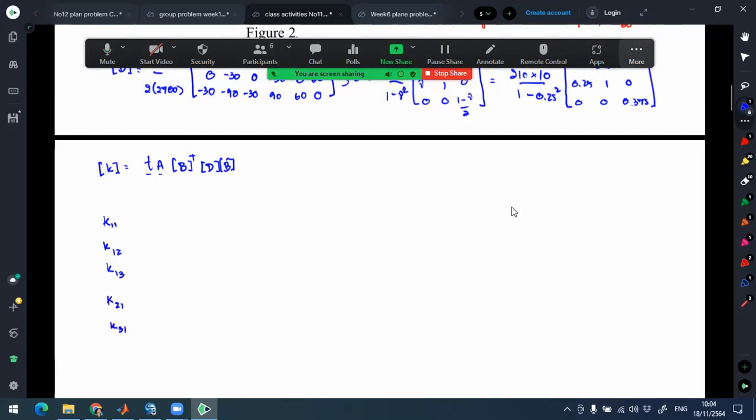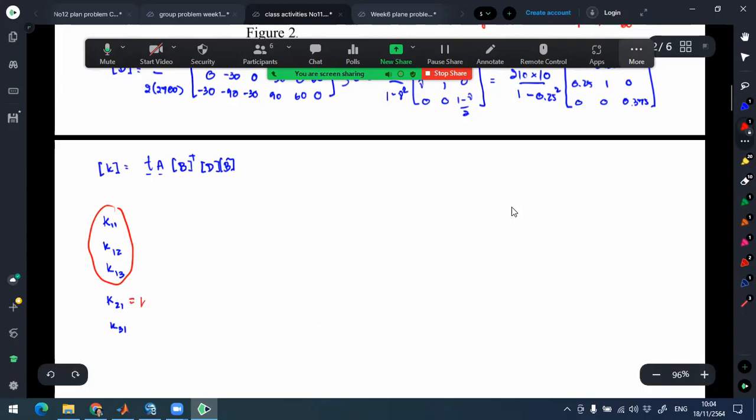Actually they are not necessary to determine, because it is a symmetric case, so K21 is equal to K12 and K31 is equal to K13. So we can determine just these 3 values.